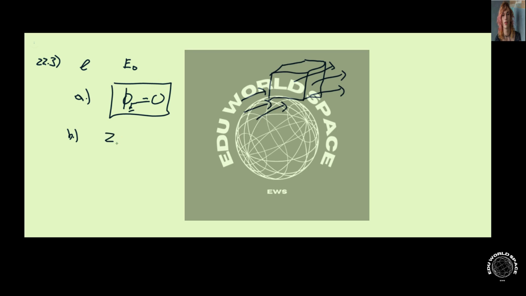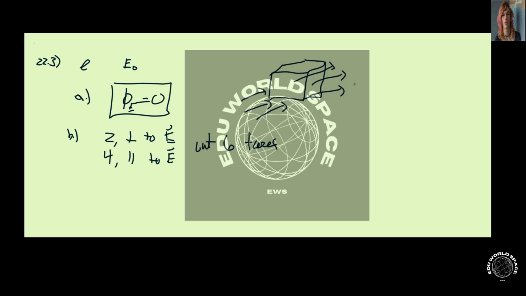So 2 of the faces are perpendicular to the field lines, and 4 of them are parallel to the field lines, out of 6 faces, because there's 6 faces on a cube.